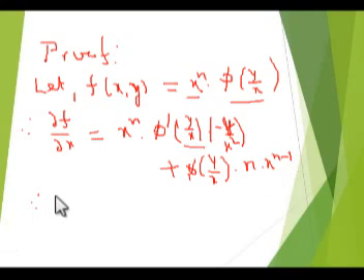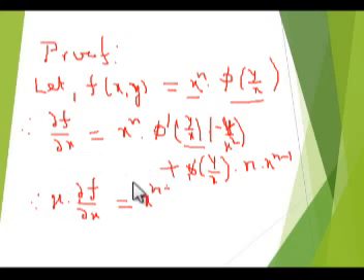Now x del f by del x will be x to the power n plus 1 times the derivative of phi, with x square in the denominator.